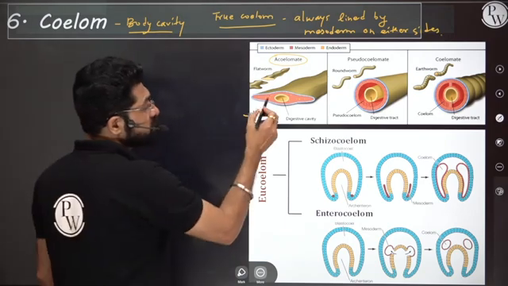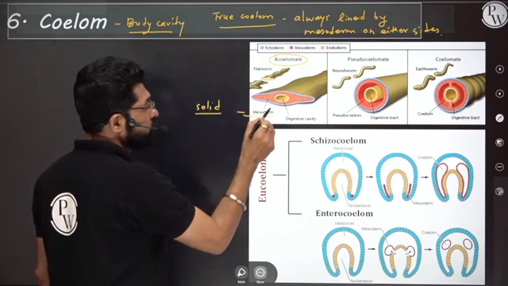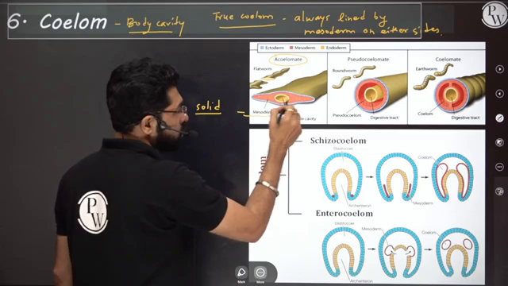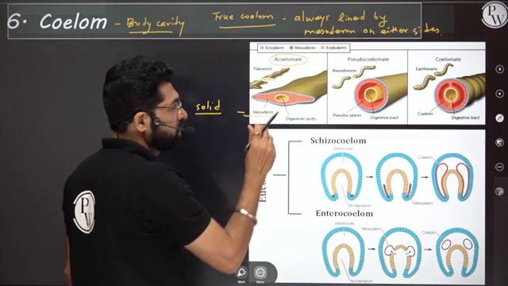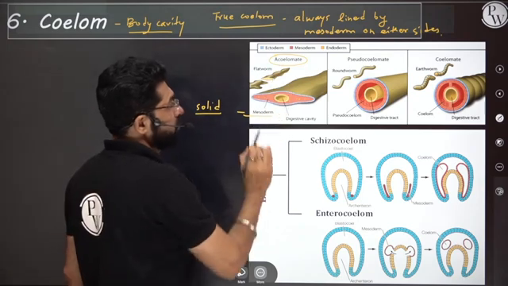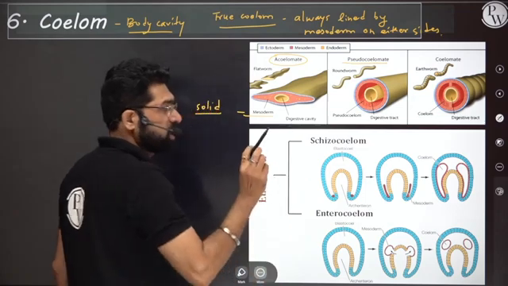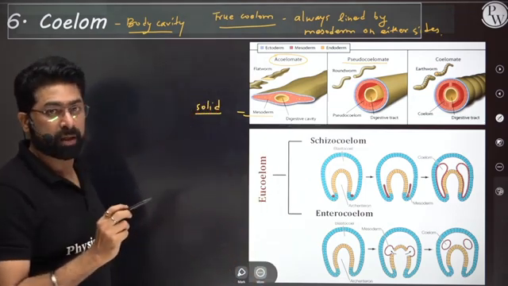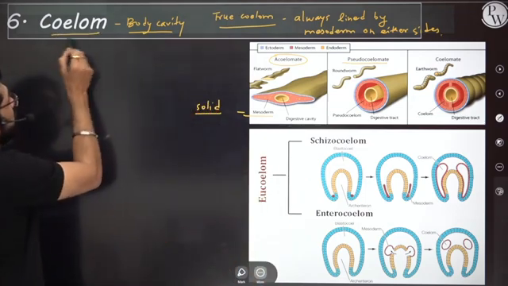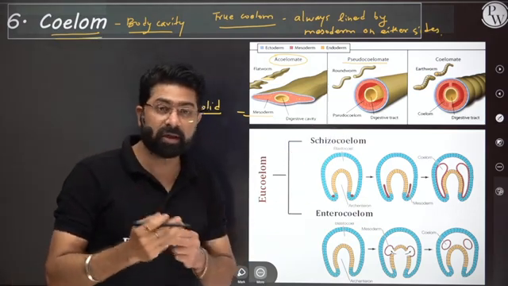Why? Because this mesoderm is solid, and it is filled inside the parenchyma tissue. When it is filled inside, it is not forming a cavity. That is why it is acoelomate. Because of the criterion we have taken, coelom, there are three types of organisms. Pseudocoelom means false cavity.